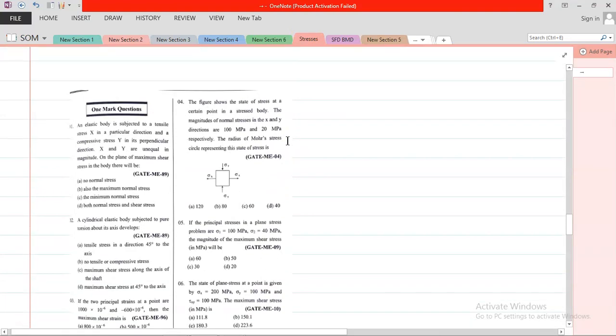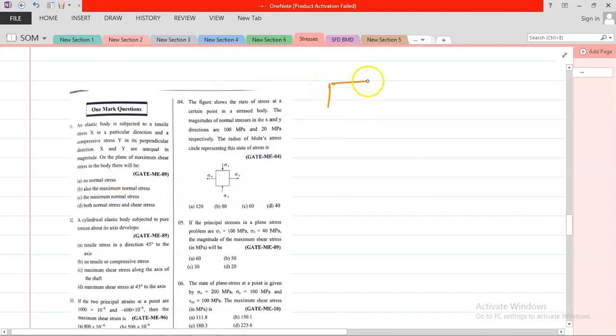So your question is: an elastic body is subjected to a tensile stress x in a particular direction and a compressive stress y in a perpendicular direction. X and y are unknown in magnitude. On the plane of maximum shear stress in the body, what will be true?